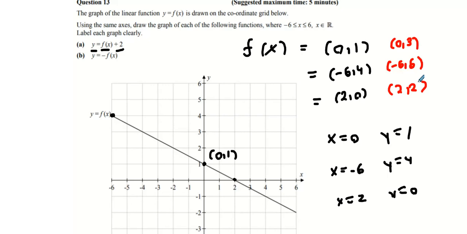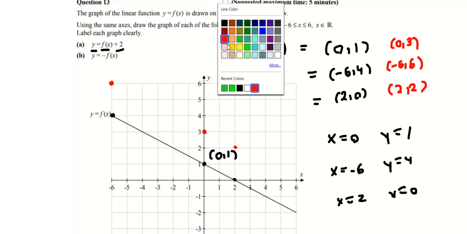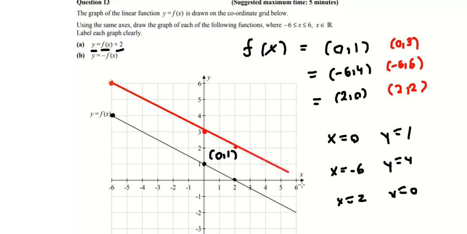Okay. So that's that one done. Next, we got to move on to the minus f of x one, which is going to be slightly different, right? So this is going to be this red mark here. All you're doing is shifting the 2 up every time. So this is going to be the red line here. There you go.